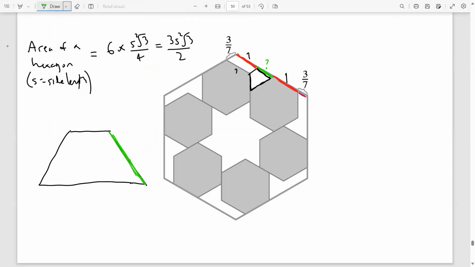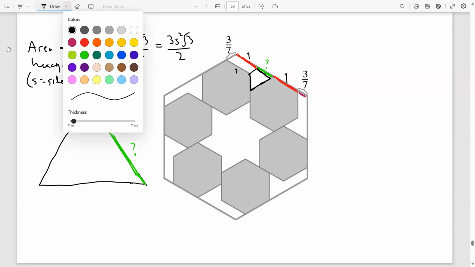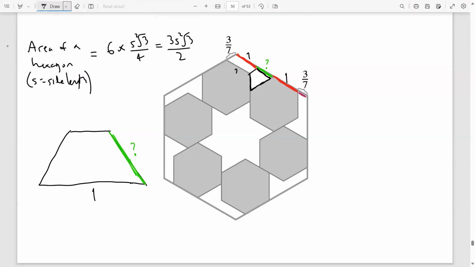The green segment is what we want to compute. We know that the larger base is 1, as it is a side length of the smaller hexagon. And we also know that the top base of this little trapezoid has length 3/7, as it must be the same length as this upper segment with length 3/7.